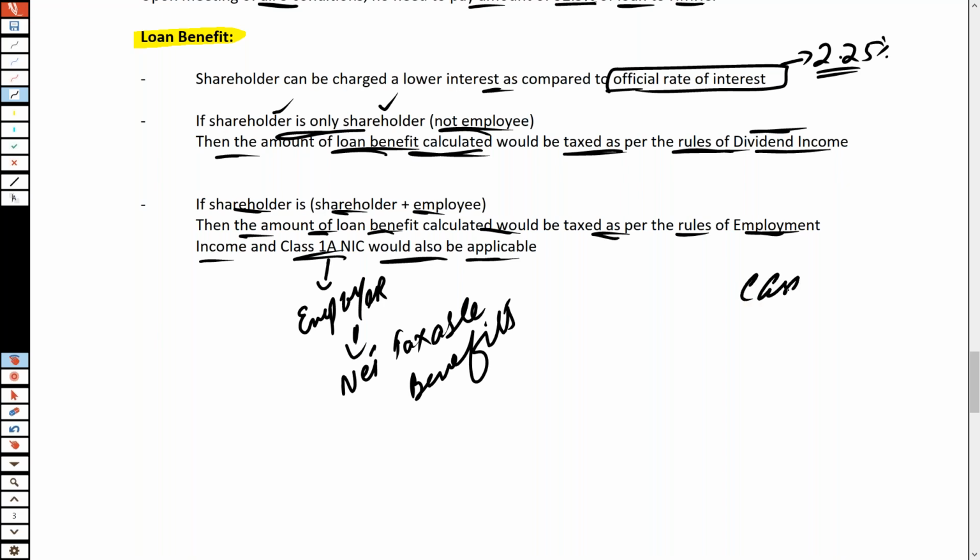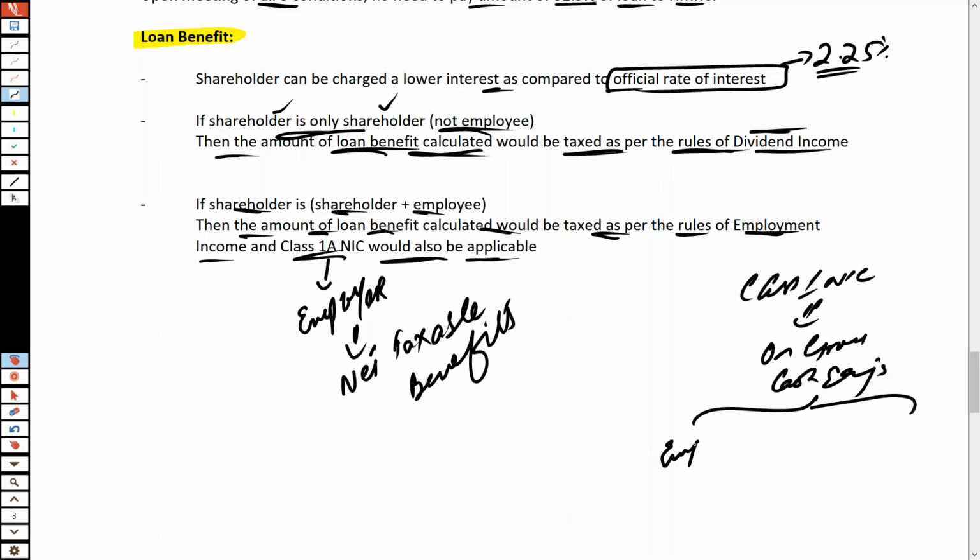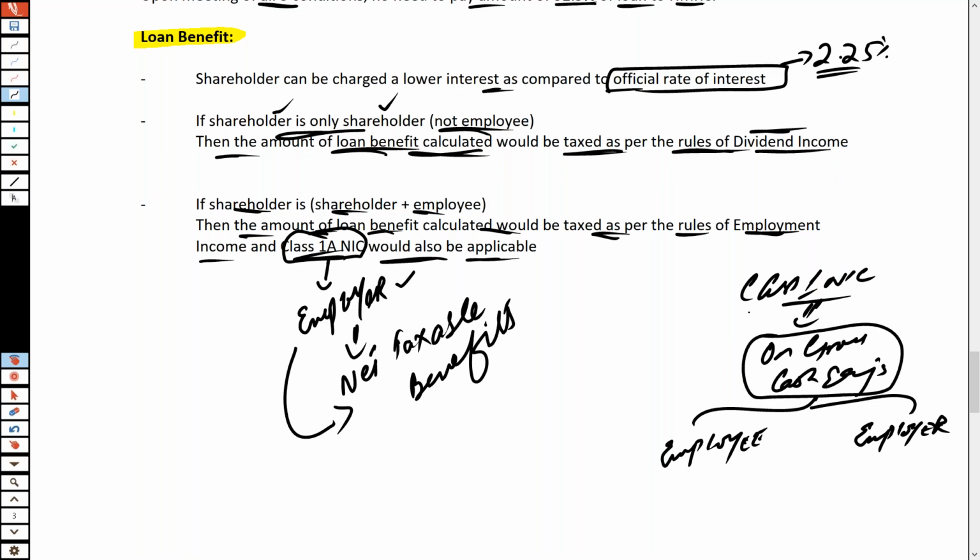And class 1 NIC is paid on gross cash earnings, and it is payable by both the employee as well as the employer. But payment of class 1A NIC is only the responsibility of the employer on net taxable benefits, whereas class 1 NIC is paid by both employee and employer on the gross cash earnings amount.